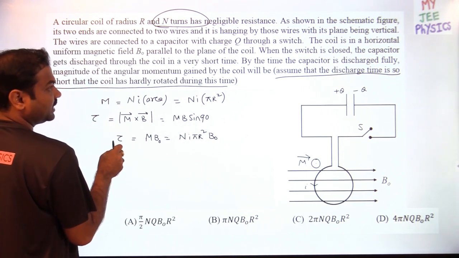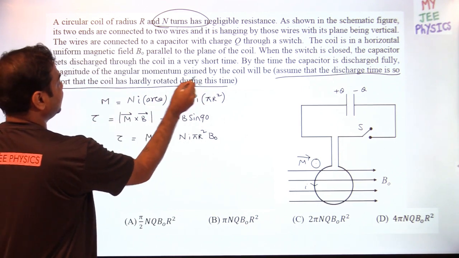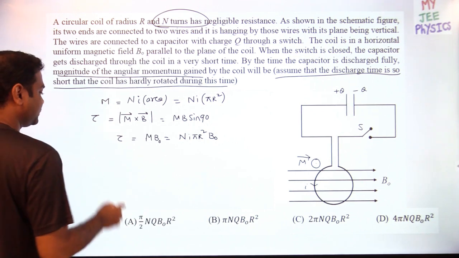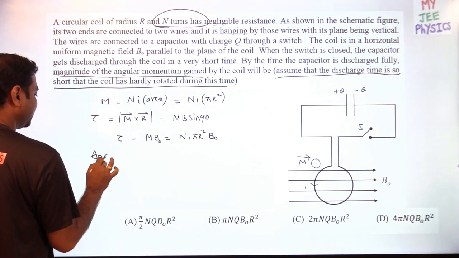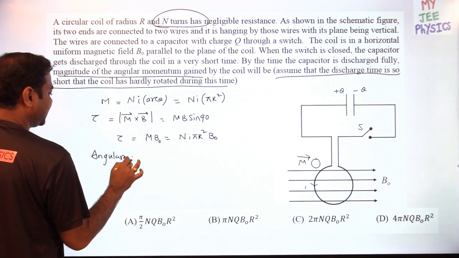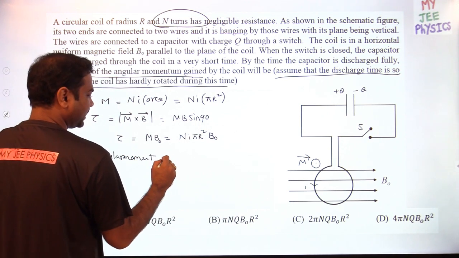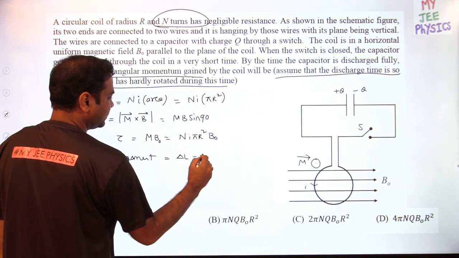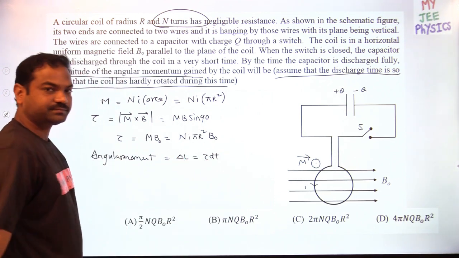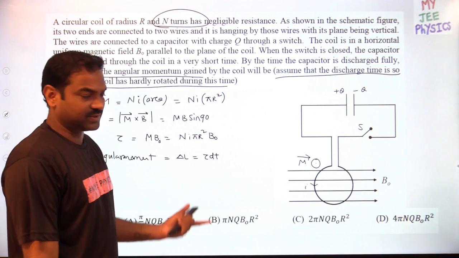Now they are asking for the angular momentum gained. Initial angular momentum is 0. So the final angular momentum, delta L, is equal to tau into dt, which is nothing but an angular impulse.